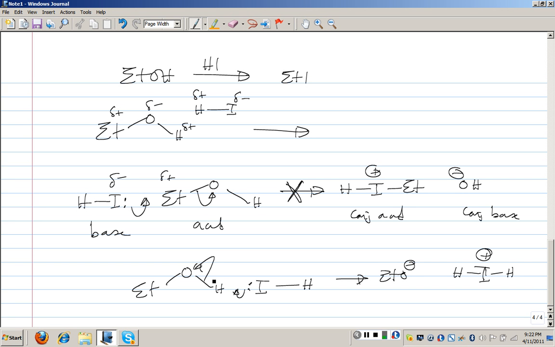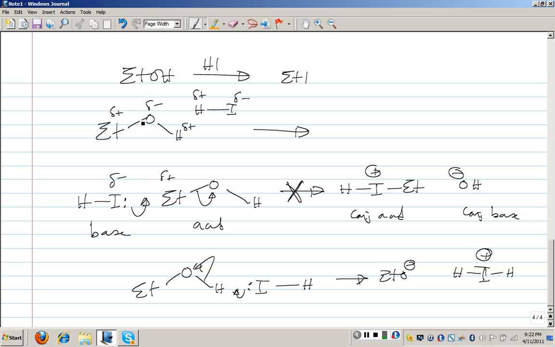Having exhausted the option of having the I attack the H or the I attack the ethyl, because those reactions are disallowed by acid-base rules, my last option is the ethanol has to act as a nucleophile, because it clearly is not acting as the electrophile in the first step.